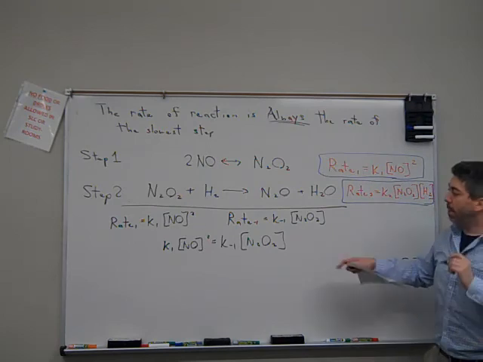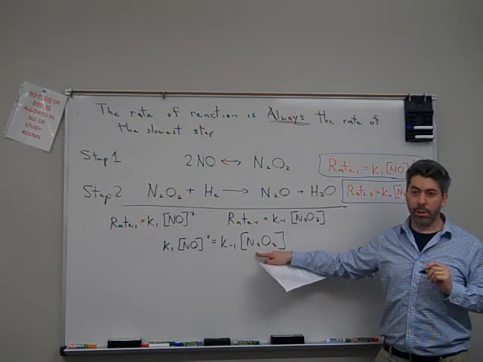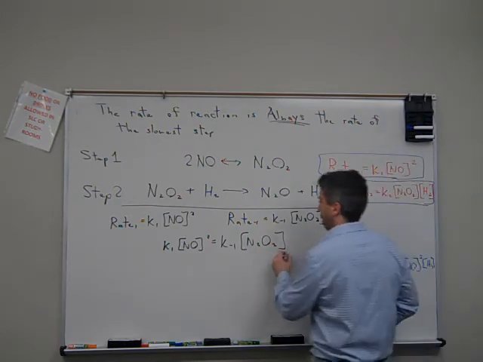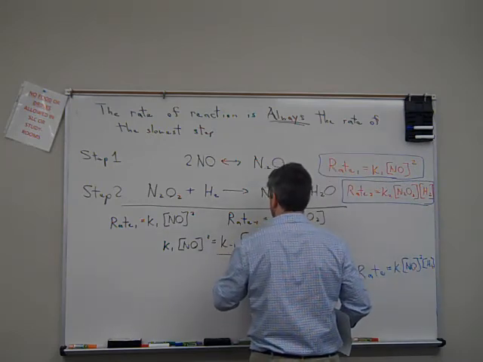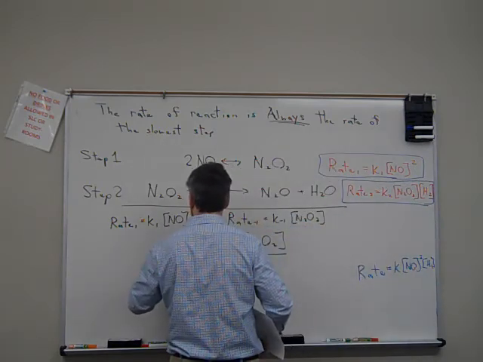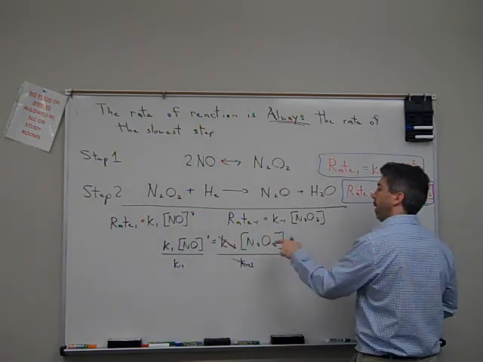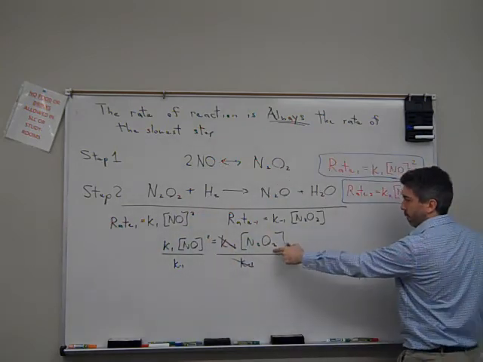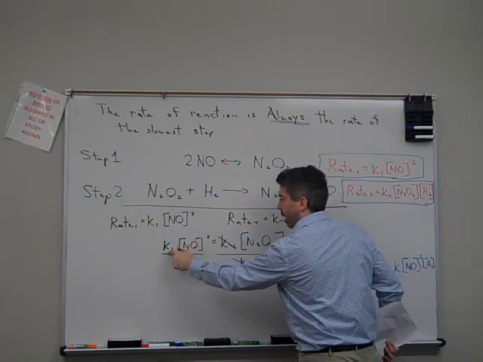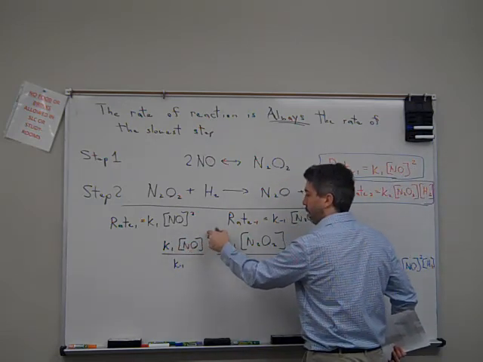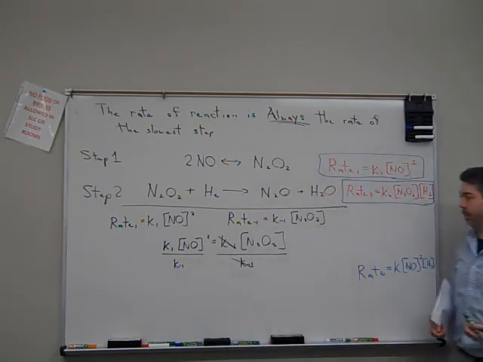And that means I can now solve for N2O2 by dividing by K negative 1. So the concentration of N2O2 is the same as K1 times NO squared divided by K negative 1.